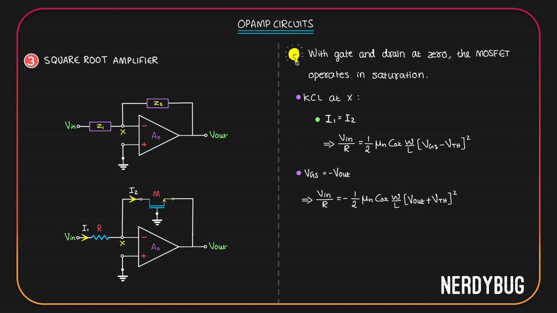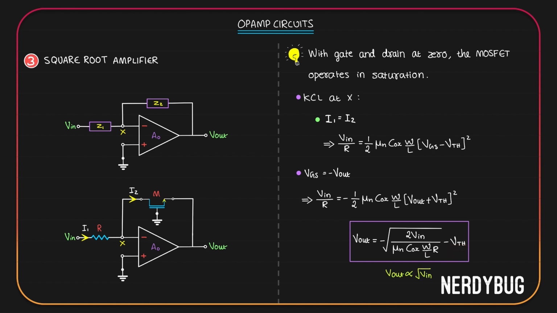To get that, we'll have to take this entire thing to the other side of the equation, take square root on both sides, and then finally take VTH to the other side of the equation. If you do that, you get an expression for V out, and it is this. Negative of square root of 2 V in divided by mu n Cox W by L R, minus VTH. Very clearly, output is proportional to square root of our input signal. What we have is a square root amplifier.